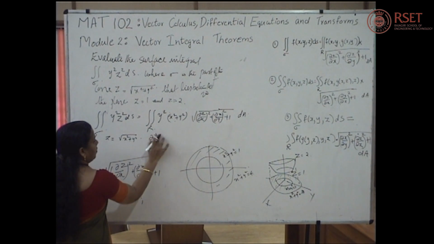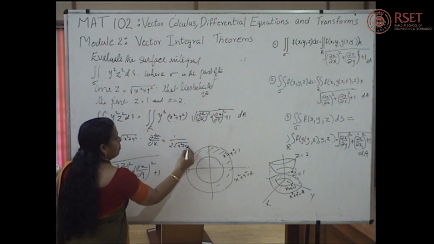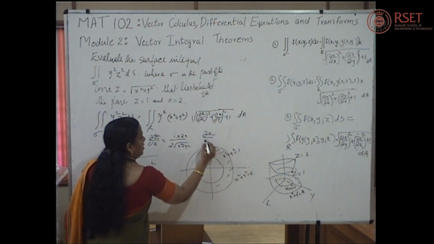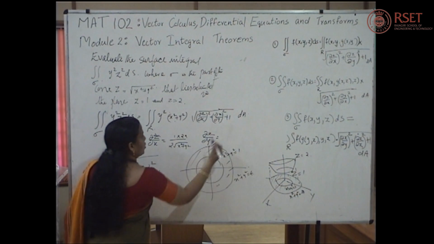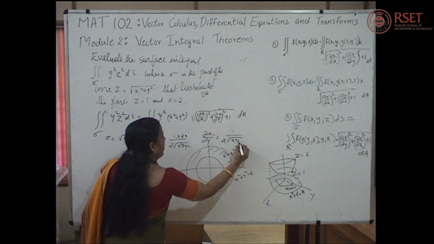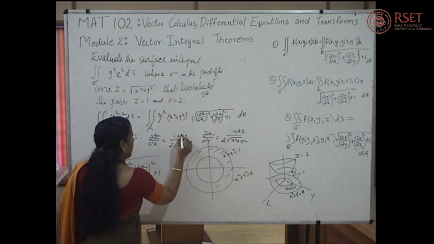Therefore, ∂z/∂x is equal to 1/(2√(x² + y²)) into 2x, and ∂z/∂y is similarly 1/(2√(x² + y²)) into 2y.